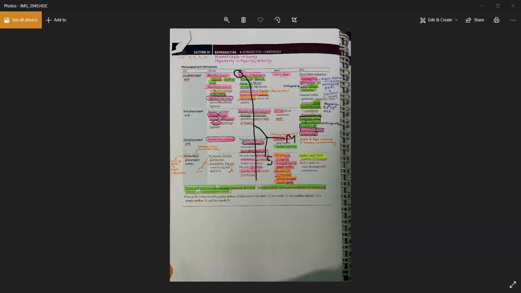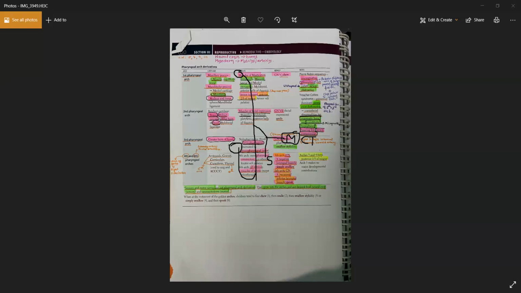While descending again, the vagus gives off another branch, the recurrent laryngeal nerve, ascending upward. The motor part of the superior laryngeal nerve supplies the cricothyroid muscle, and all the rest of the muscles of your voice box are supplied by the recurrent laryngeal nerve.